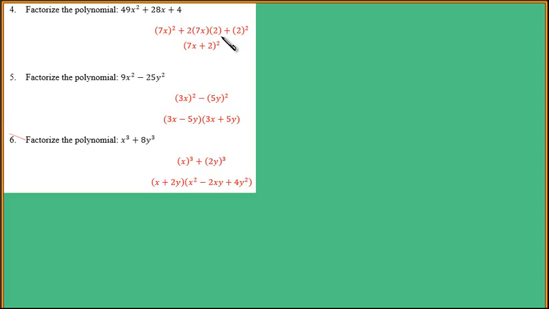So let's take a look at this. Remember, a perfect square trinomial is one that can be expressed as the square of a binomial. So let's take a look at this. This becomes what? A squared plus 2ab plus b squared.